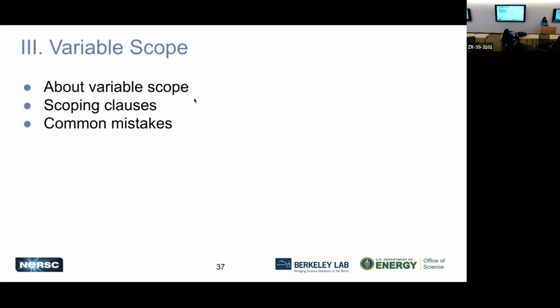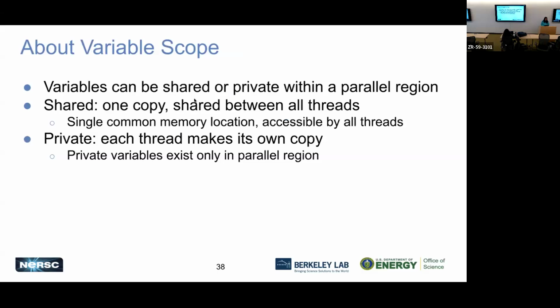Scope. Okay, what does scope mean? So in a parallel region, a variable can be private or shared. Let's use an example, say the loop index. If you have a loop inside the parallel region, for i equals 0 to n-1, each thread may be working on a different i index.